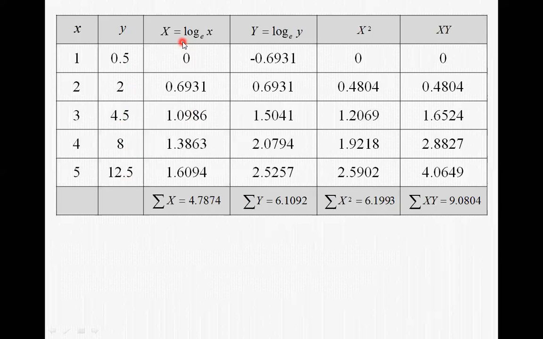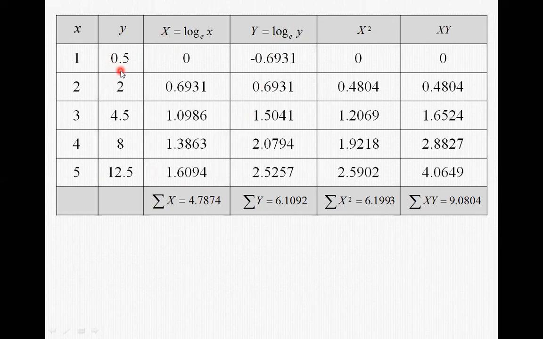Capital X equals log x to the base e. We get 0, 0.6931, 1.0986, log 4 equals 1.3863, log 5 equals 1.6094. Calculate capital Y equals log y to the base e.